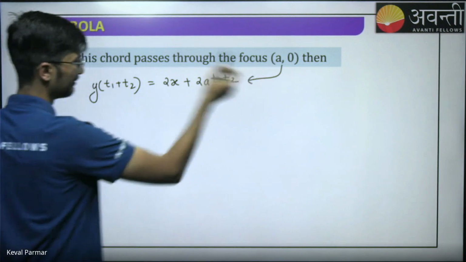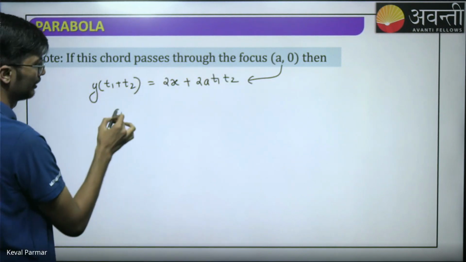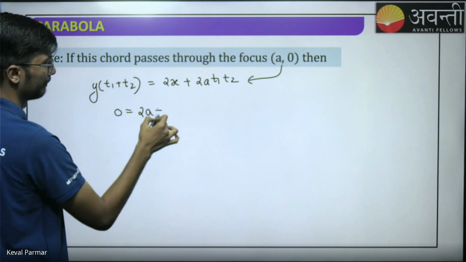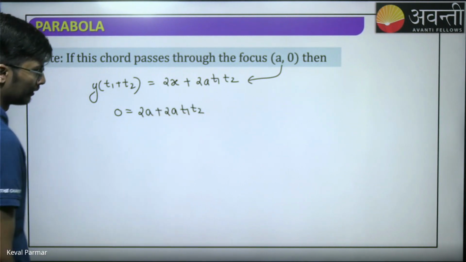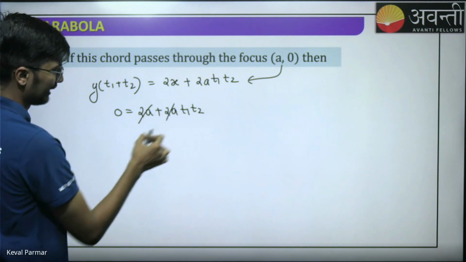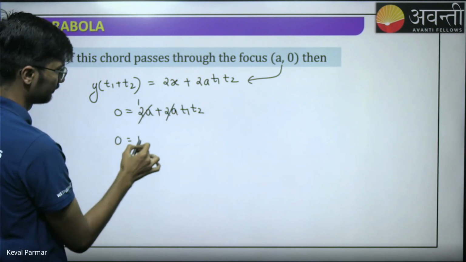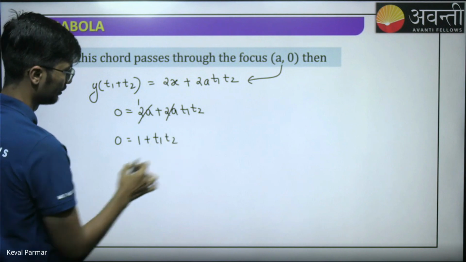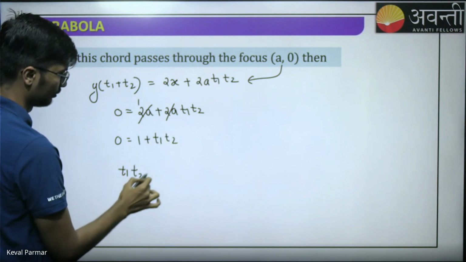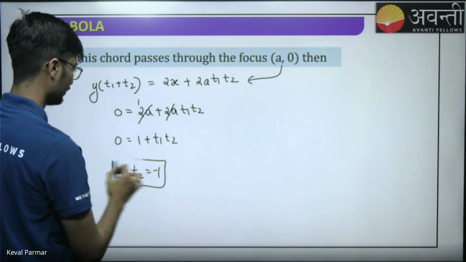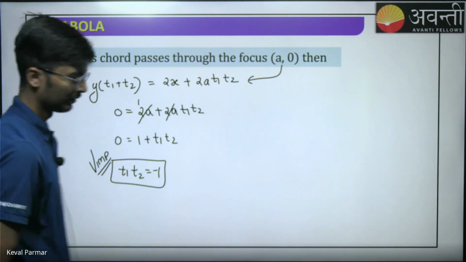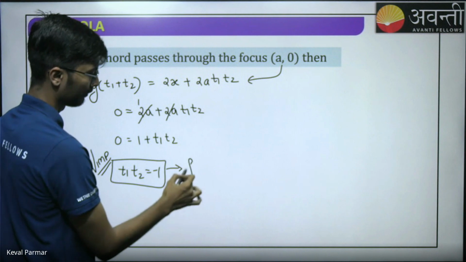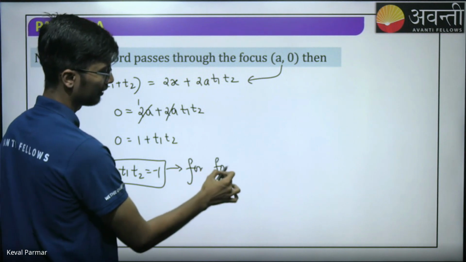That means we'll put 0 in place of y, and a in place of x. We can cancel out 2a by taking it common. So I'll get 0 equals 1 plus t1 t2. That means t1 t2 is equal to minus 1. Very, very, very important. That is for a focal chord.